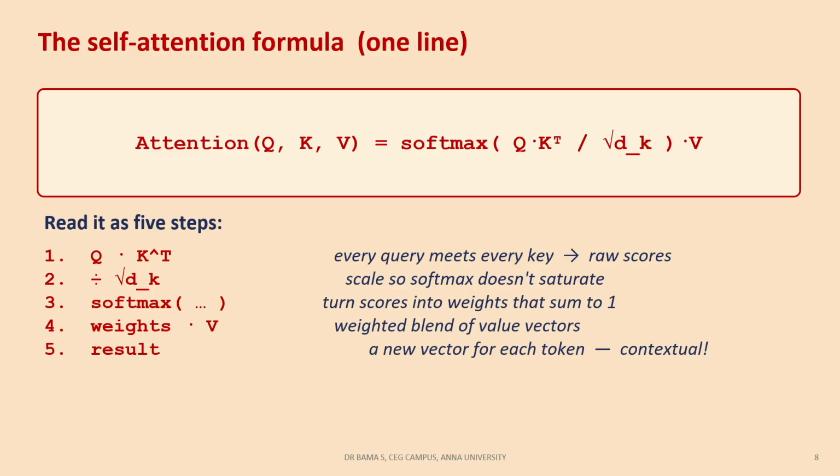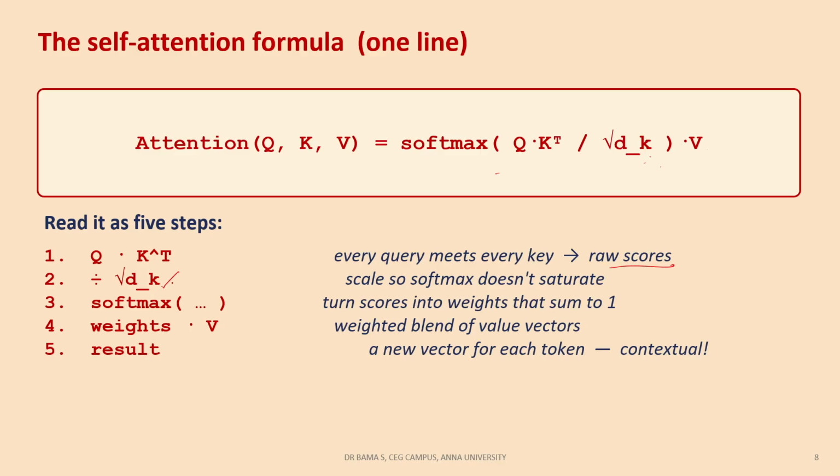Now the attention is calculated as softmax of Q multiplied by K transpose divided by root of dk, multiplied by V, where Q is the query, K is the key, V is the value, and dk is the dimension. We divide by root dk so that the value does not grow big and saturate, keeping us in a finite number space. QK transpose is every query meeting every key, giving the raw scores.